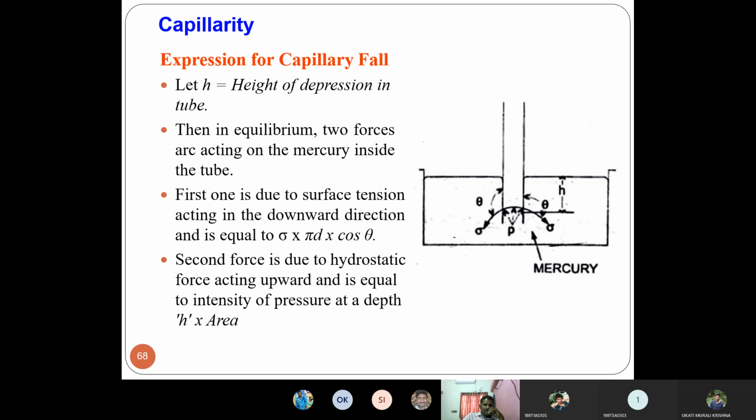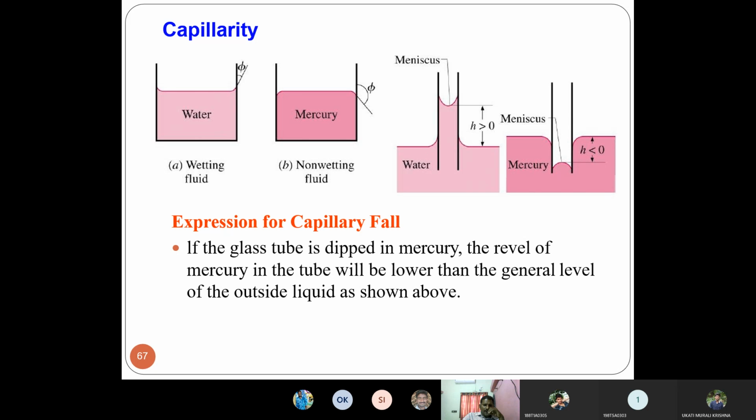Because of its nature, what is happening? Water is wetting the surface. Understand? Water is wetting the surface, and this wetting angle is phi, or you can assume theta. Okay, mercury is there. Mercury is not wetting the surface, so its level is falling downwards, and its angle is phi.